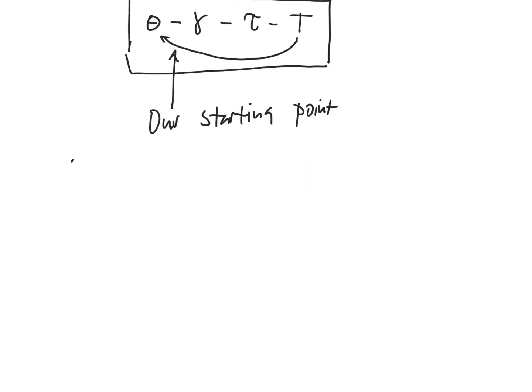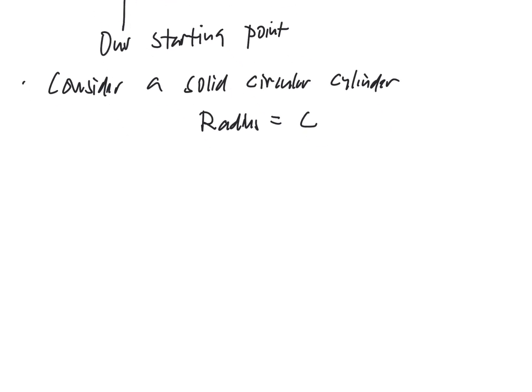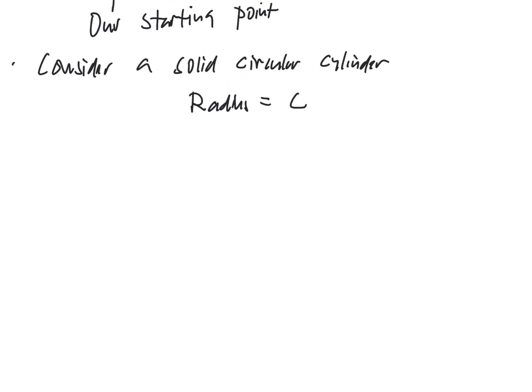All right, so for right now, we'll consider a solid section. So consider a solid circular cylinder. And let's say that the radius is equal to C. Normally that's a funny way of having the radius, but that's going to be the outermost radius, and we're going to see that we're actually going to ditch that relatively soon.